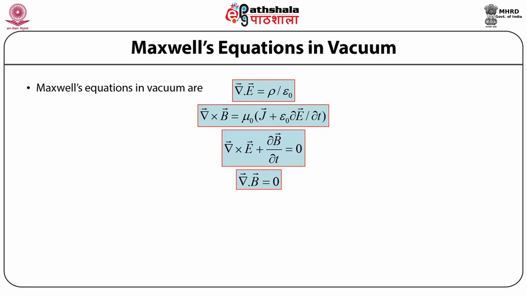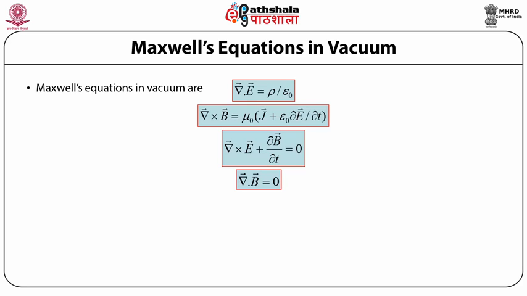The third of Maxwell's equations is Faraday's law of electromagnetic induction, written as the curl of the electric field vector E plus the time variation del by del T of the magnetic field induction vector B is equal to 0.